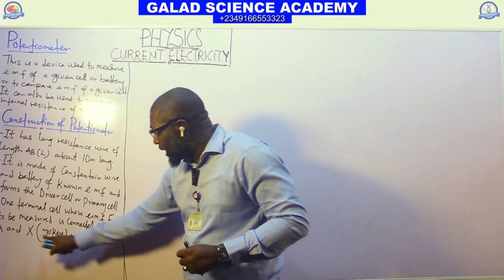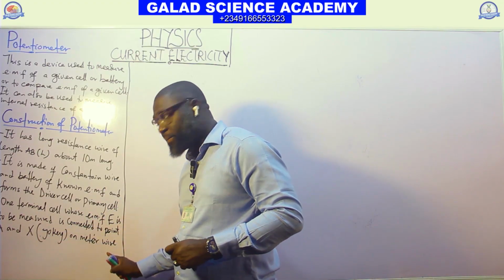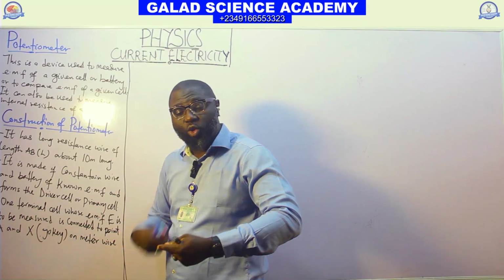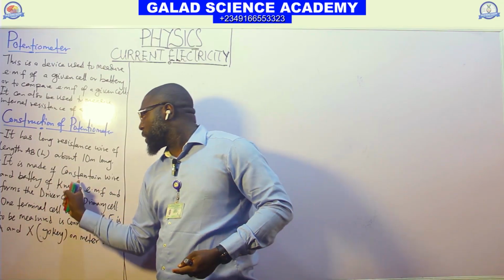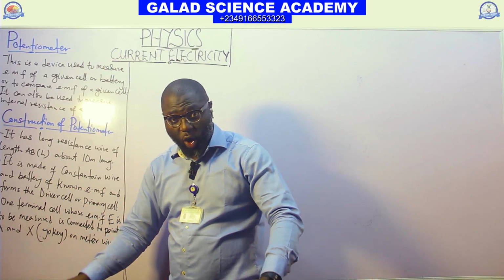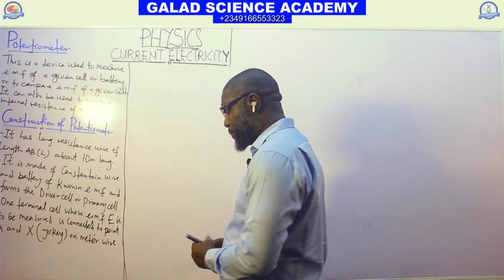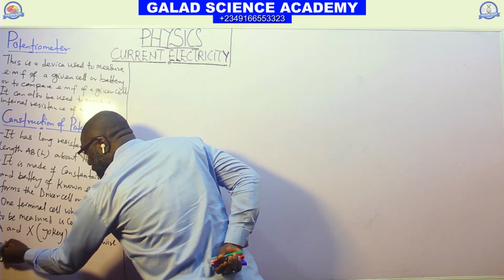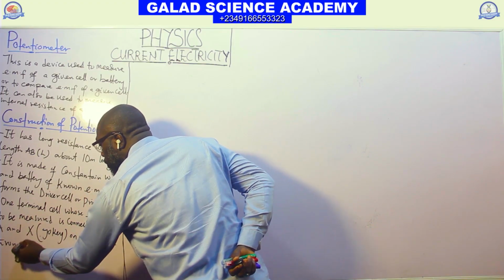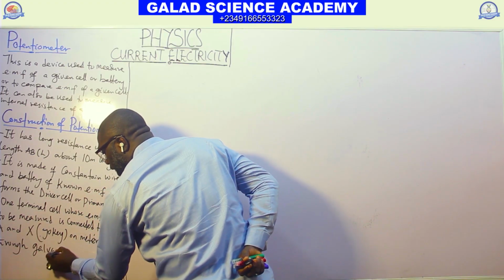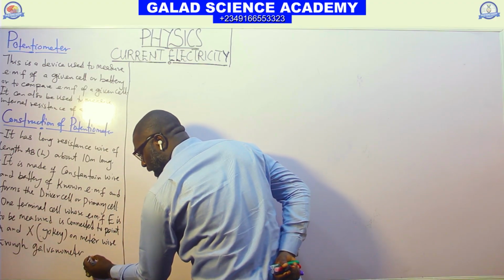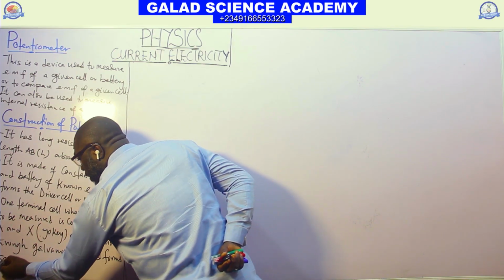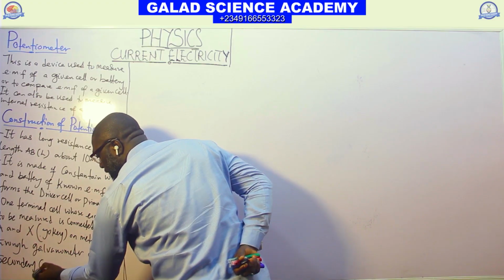So the galvanometer links the cell to the wire on the uniform meter rule. This forms a secondary circuit.